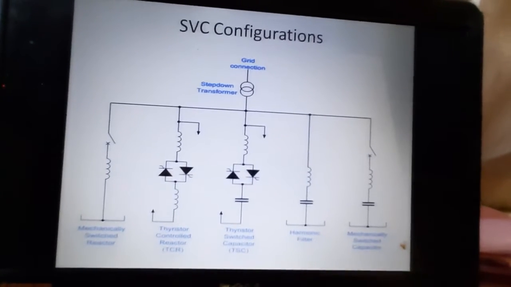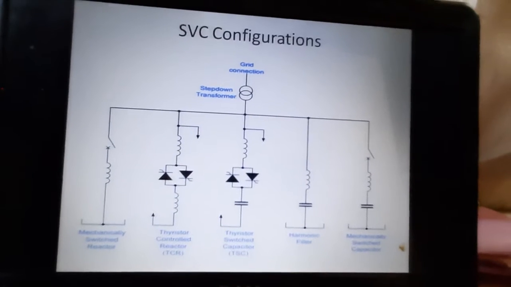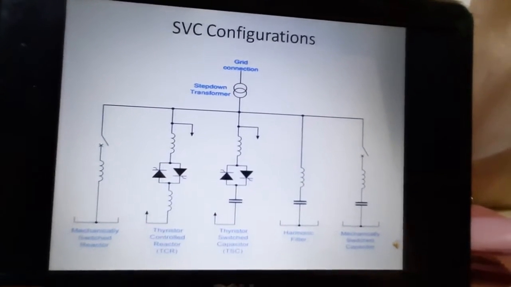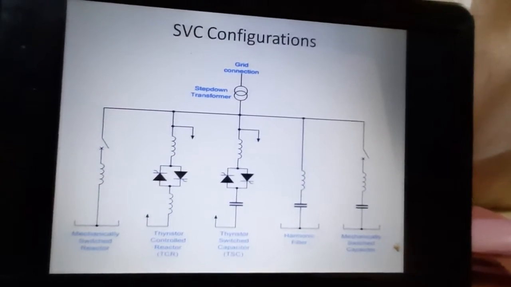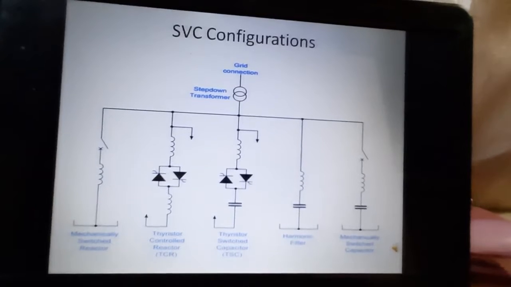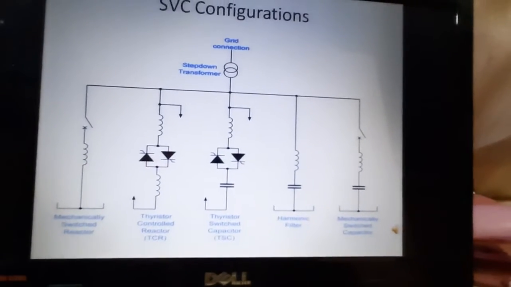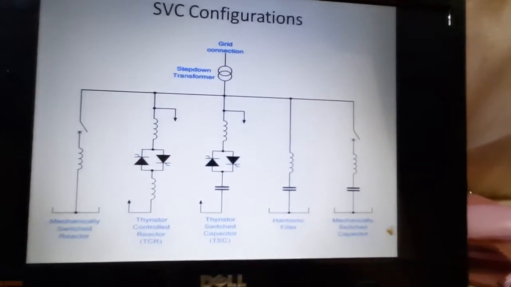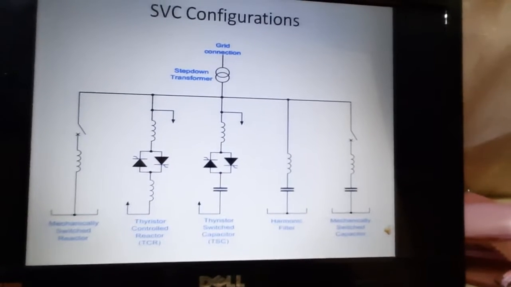Whenever a grid or system needs leading reactive power compensation, mechanically switched capacitors are connected to the grid, and vice versa, whenever there is a requirement of lagging power compensation, mechanically switched reactors are connected to the system.